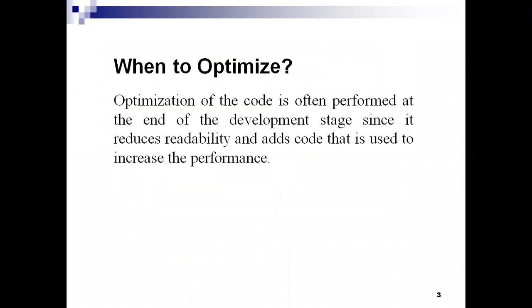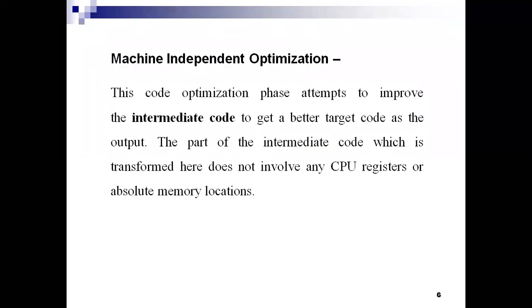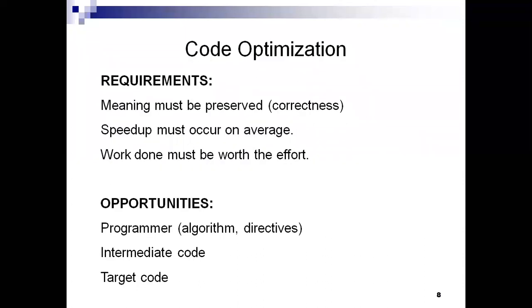And then when to optimize and why optimization, and what the types of code optimization are. Before explaining the types, I explained the advantages and the problems of optimizing compilers, and then the types of code optimization: machine independent optimization and machine dependent optimization, and what requirements we need and what opportunities we have.